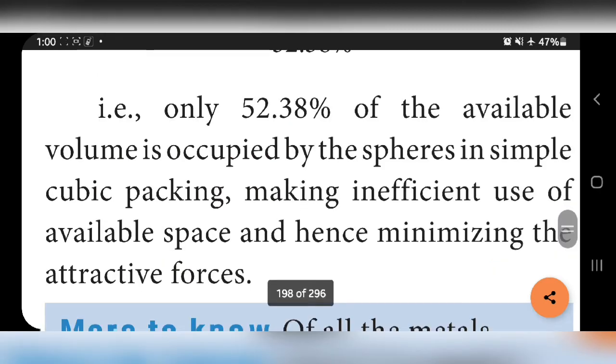Only 52.38 percentage of the available volume is occupied by the spheres. The remaining volume is unoccupied. So this is the packing efficiency, the packing fraction of simple cubic.